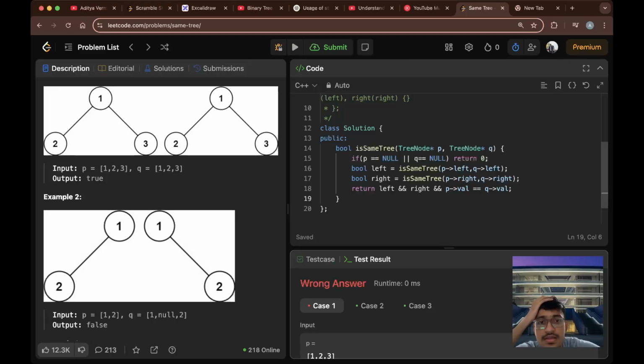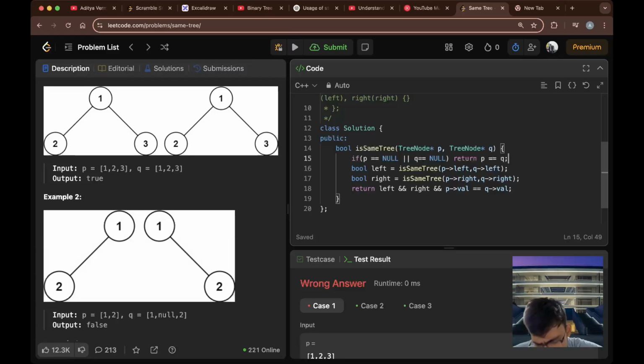See, if P is null or Q is null, then it depends on P and Q. Let us think of P as null and Q as null. The smallest case is something which doesn't have a node. When both are null, we have to return true. If one is null and another is not, then what is the base case?